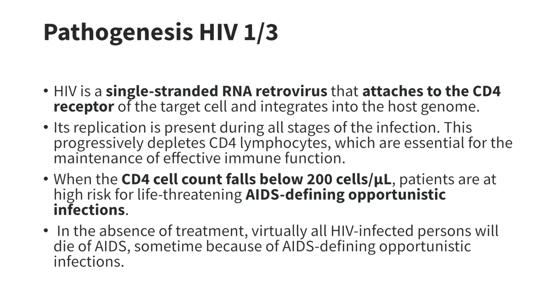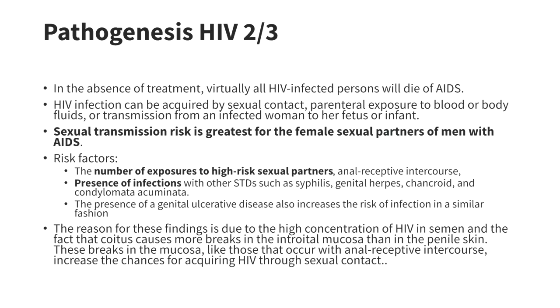They go down to less than 200 cells, and that is when the patient gets opportunistic disease because of the development of AIDS. In the absence of treatment, persons will develop those opportunistic infections and eventually die.